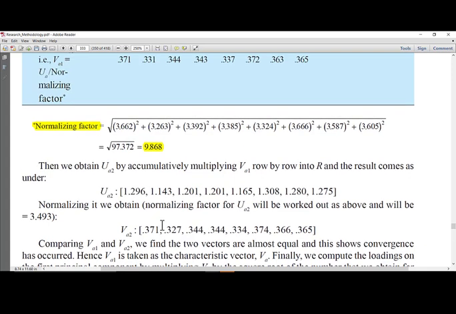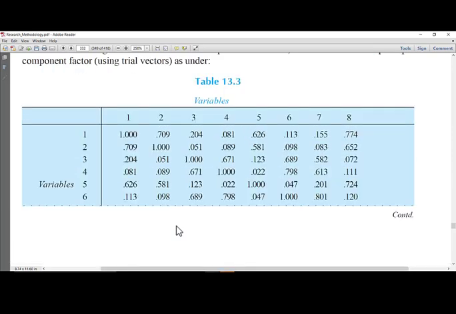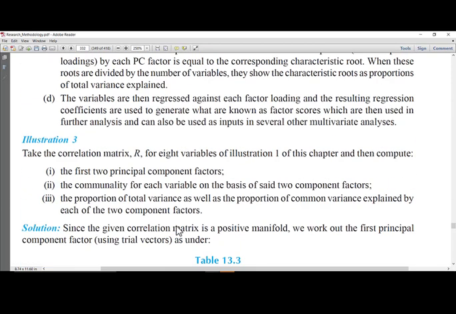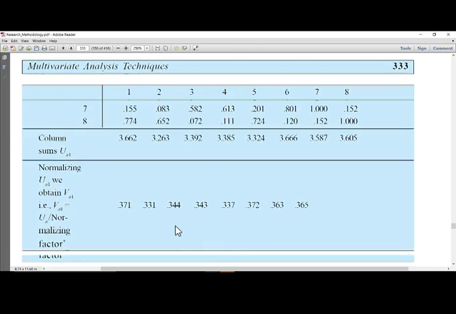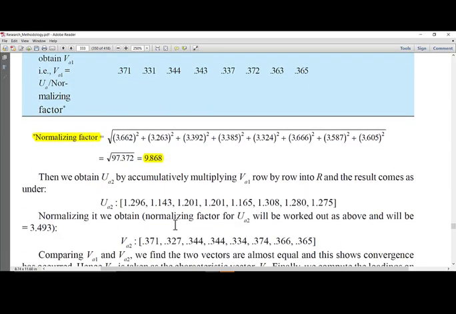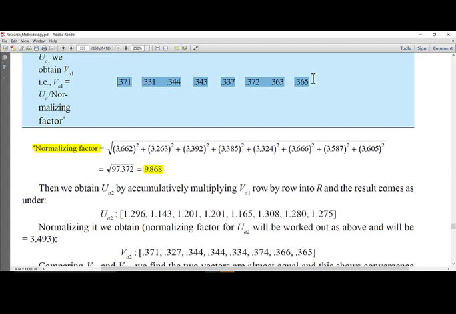Here 0.371, 0.327, and here we have the VA1 values. VA1 values are here and VA2 values are here, so let us make a comparison. The first value is the same, the second is not, the third is the same, the fourth is very close, the next is not, the next is not, and the last is the same, 0.365 and 0.365.